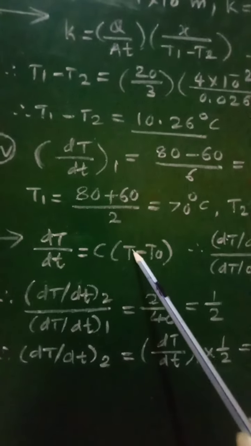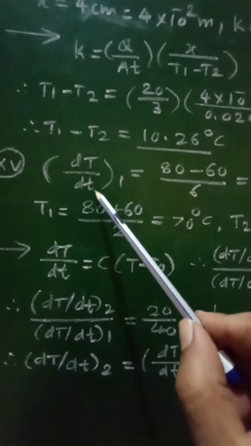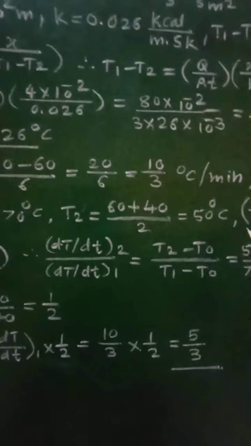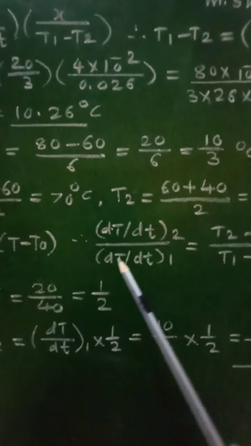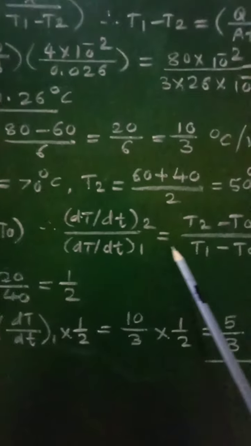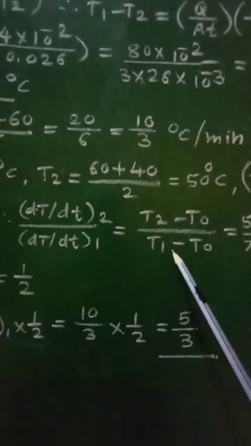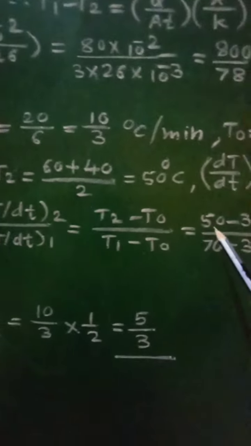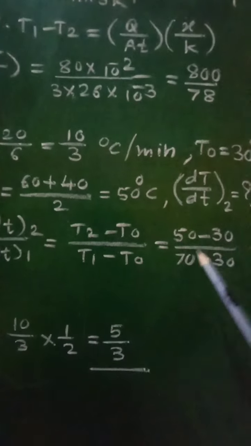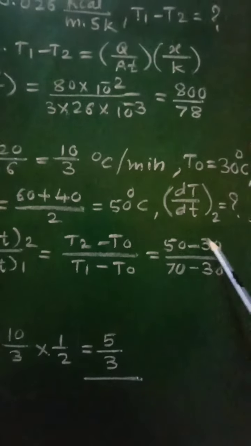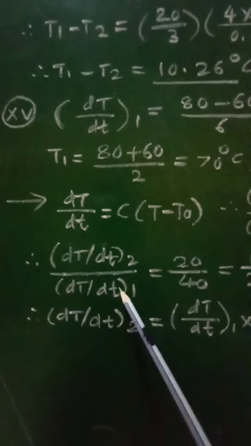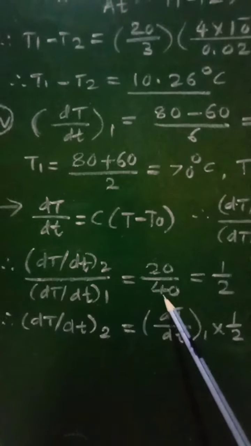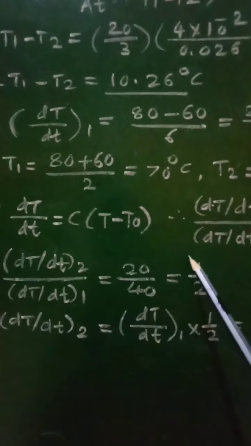Applying this equation for the two rates of cooling, dT by dt1 and dT by dt2, we can write for these two rates of cooling, dT by dt2 upon dT by dt1 will be equal to T2 minus T0 upon T1 minus T0. Putting the values, we get 50 minus 30 upon 70 minus 30. Therefore, this ratio comes out to be 20 by 40, that is equal to half.